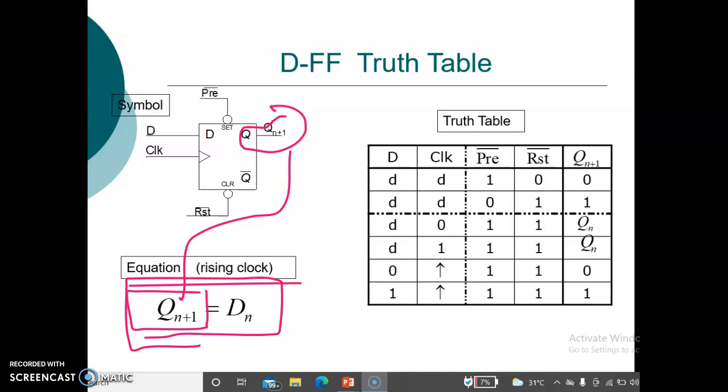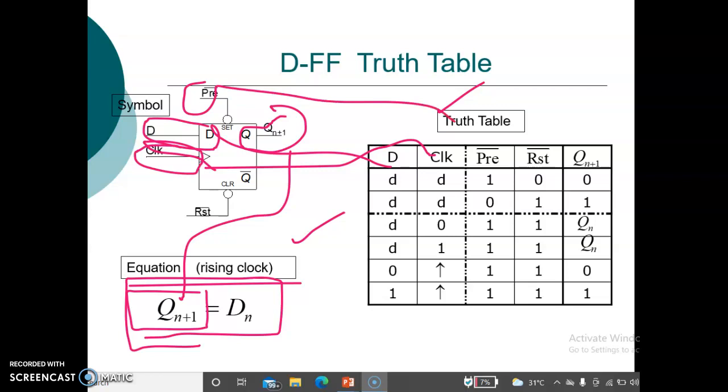Truth table. This is the equation for rising clock. Truth table: D, clock, reset, and Qn plus 1 output here.